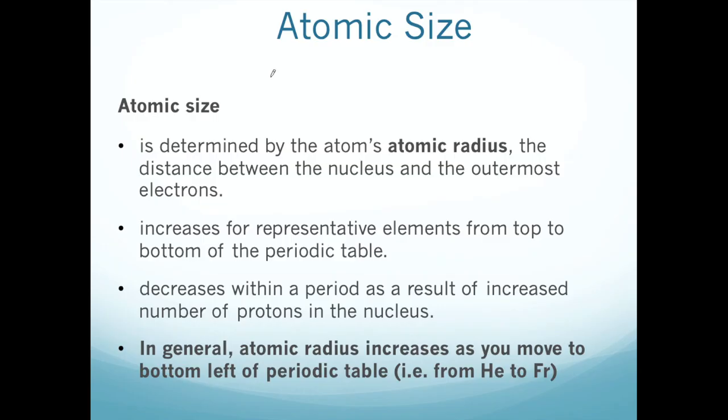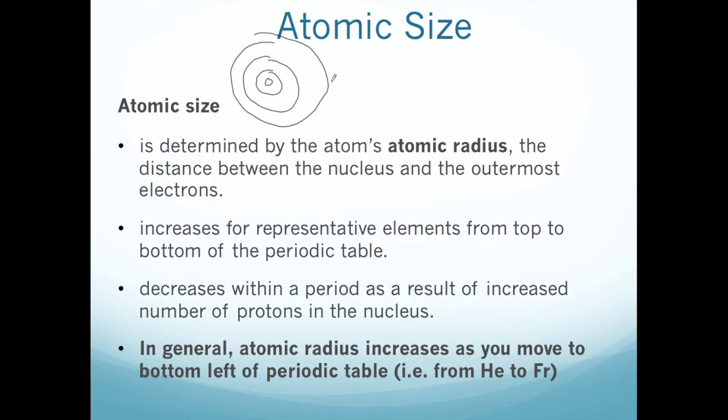You start off with a small atom and the nucleus in the middle. If you have a shell of electrons, as you add more and more shells, those atoms are going to get bigger and bigger. They don't look perfectly like this. This is just a cartoon of what an atom looks like. But the general idea is that as you add more and more shells, those outermost electrons are getting further and further away from the nucleus and making your atom bigger. It's giving it a bigger radius from the nucleus.